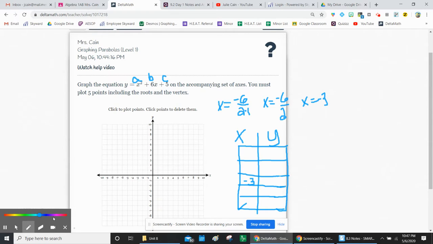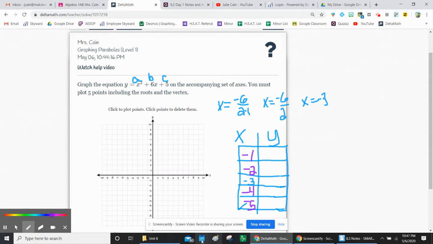So then I'm going to pick 2 more points before that and 2 points after that. So I could say -3, -4, -5, and I could say -2, -1. So do you notice how it's counting -1, -2, -3, -4, -5.